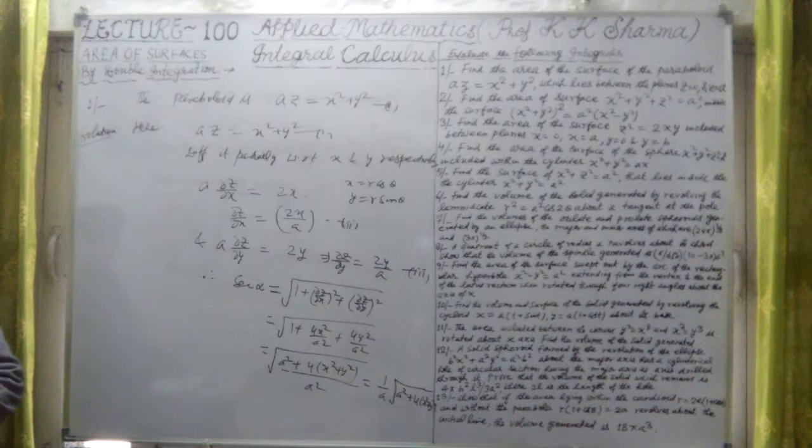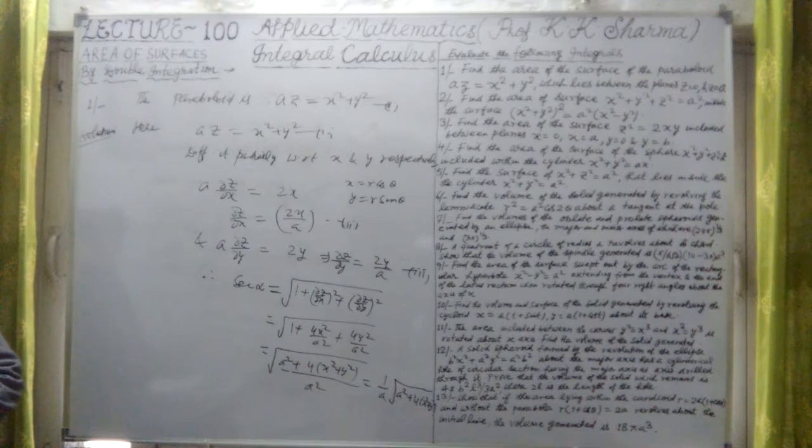Now what are the limits for r and theta here? So x equal to a, and the limits for r are 0 to a, we have to take here.